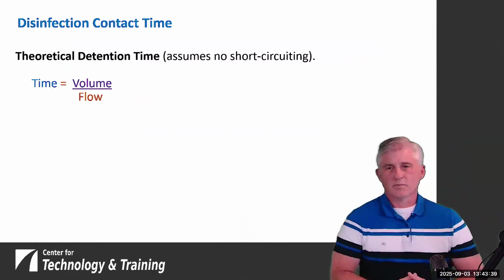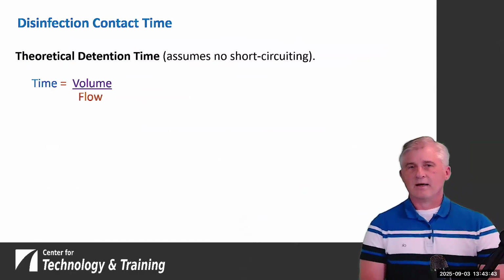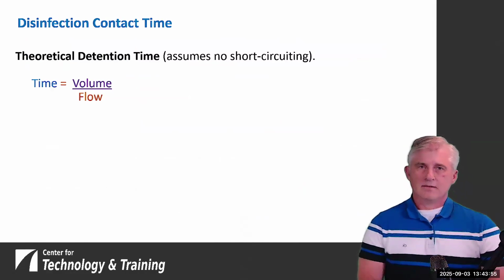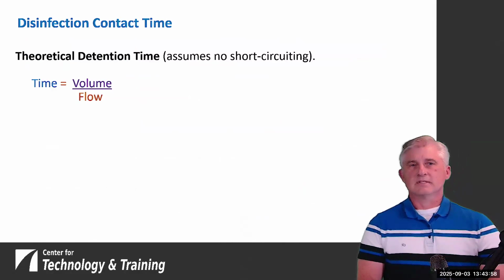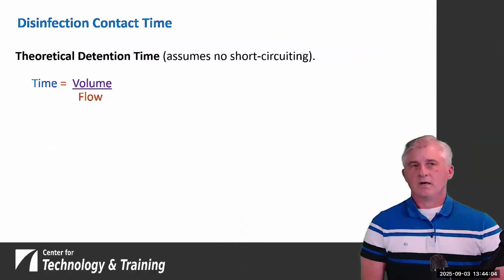So when we were talking, the important things are the concentrations. We've covered a lot of the information about chlorine concentrations. But now we're going to talk about that contact time. And so, there's a theoretical detention time, the amount of time that chlorine will be in contact with the water.